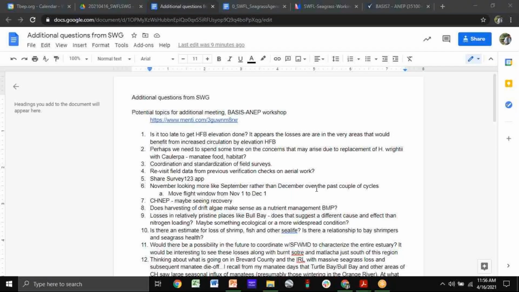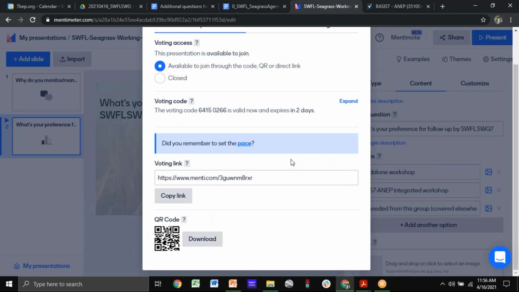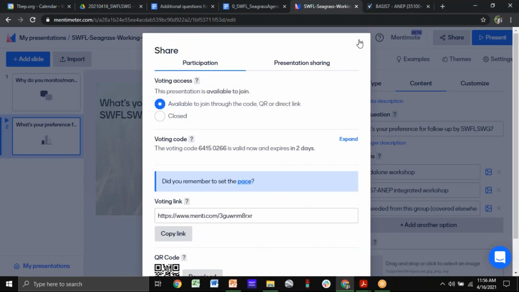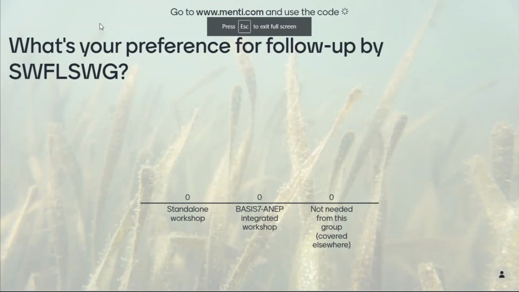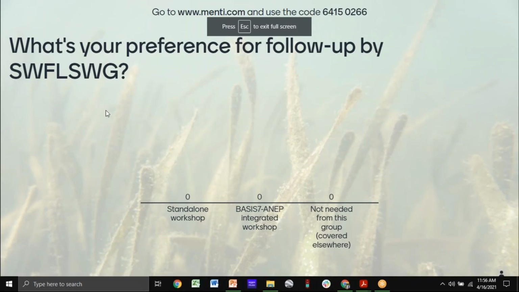Again, thank you all so much for all the work that's gone on. Recognizing the discussions that we've had, I put a quick Menti single slide together to understand our next steps. Assuming we should have some additional discussion, a real quick question on how y'all would prefer to see some follow-up.